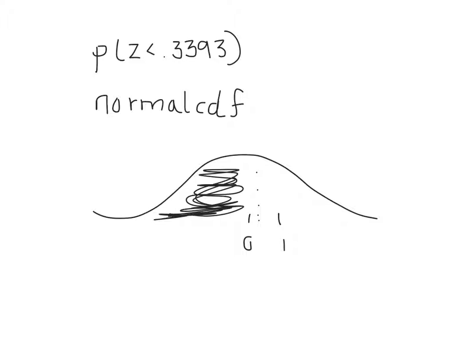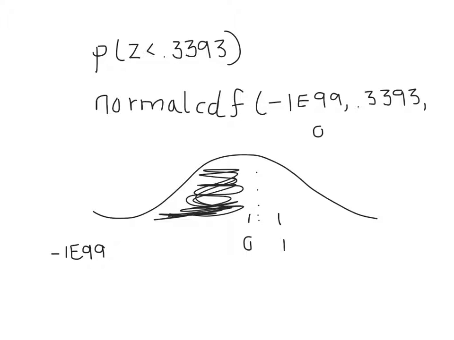So our lower boundary is going to be negative infinity, or a really small negative number, so negative 1e99. Our upper boundary is going to be our z-score, again rounded to 4 digits after the decimal point. Then we have to give our mean, and any time our lower and upper boundary are entered as z-scores, our mean is 0.